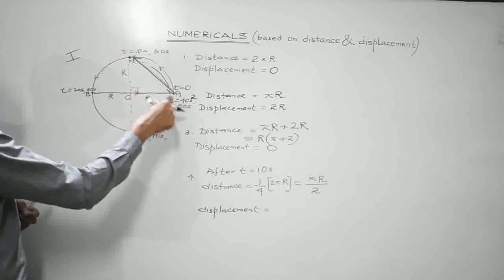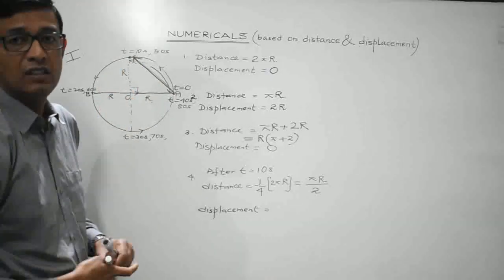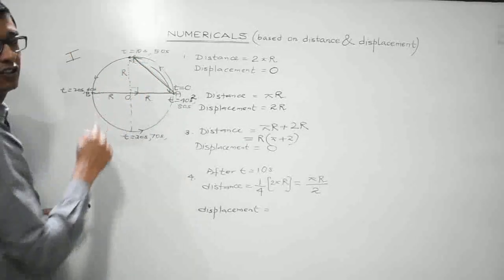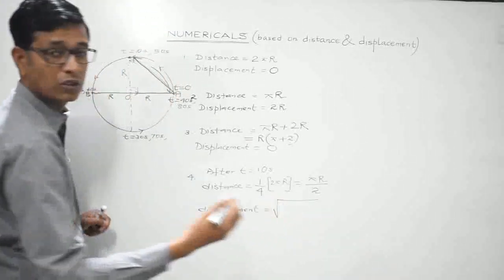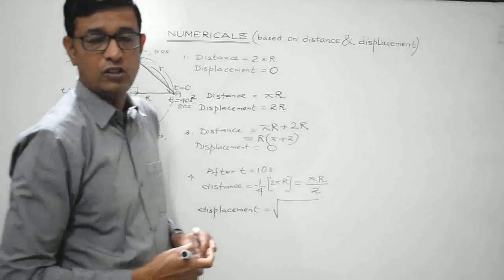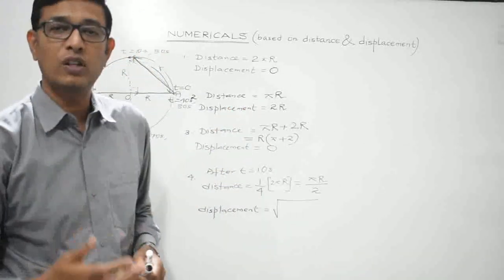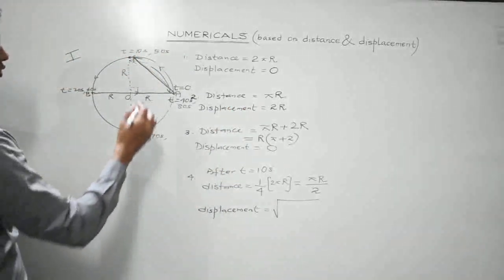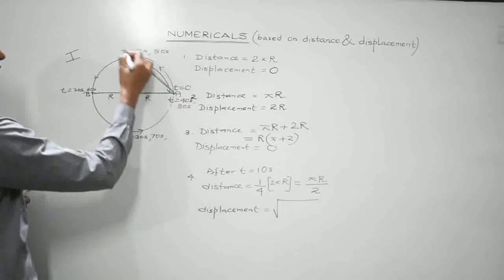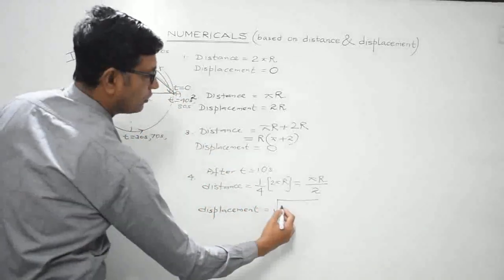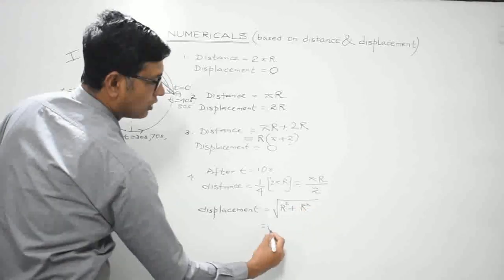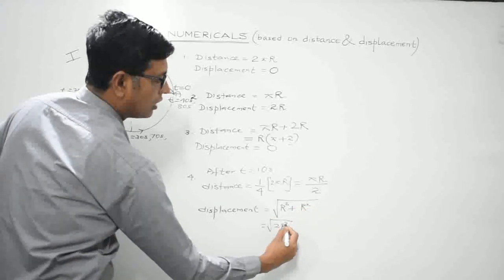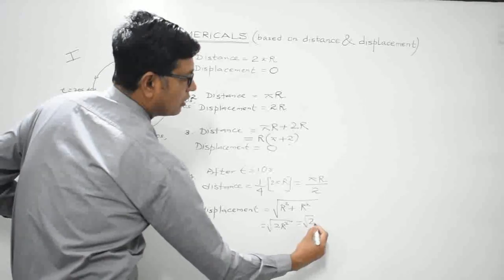So displacement is this one, which can be given by the hypotenuse of this right angled triangle, right? So make use of the Pythagoras theorem. Hypotenuse is equal to square root of base square plus perpendicular square. So this is base, this is perpendicular, this is hypotenuse. So displacement is square root of base square plus perpendicular square, so it is square root of 2r square, which in turn gives us root 2 r.